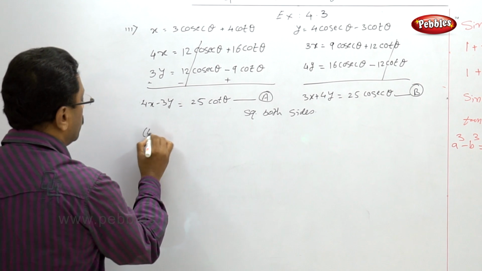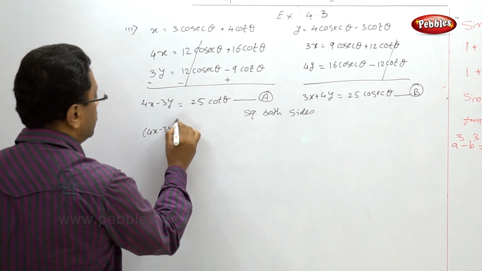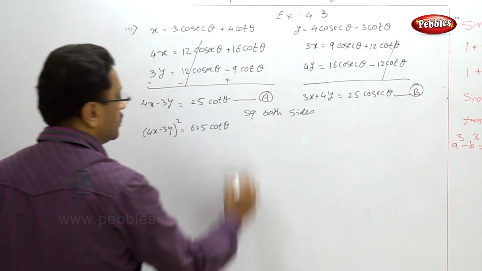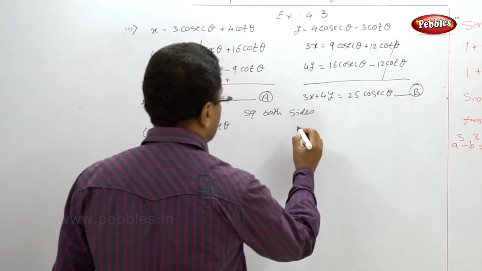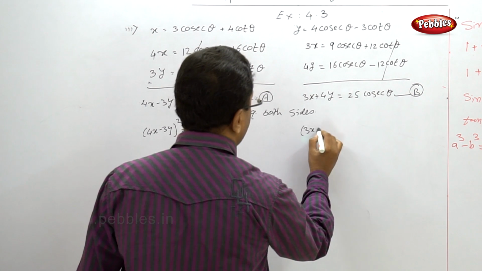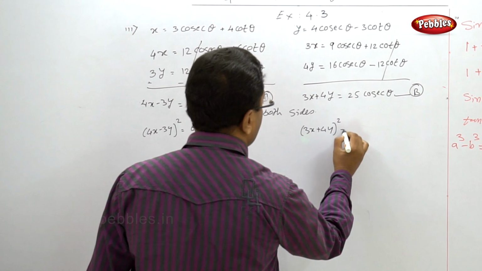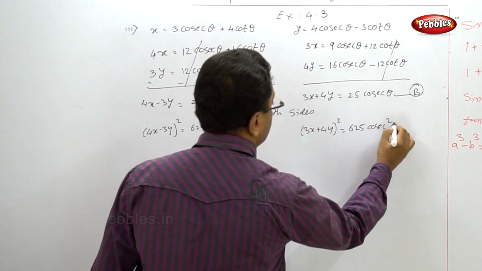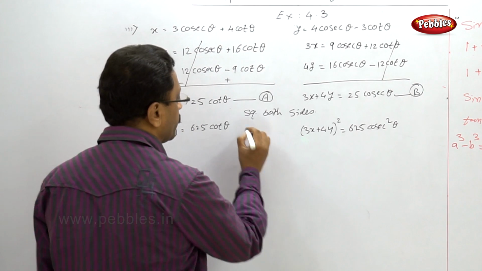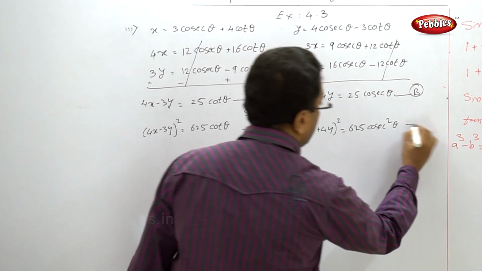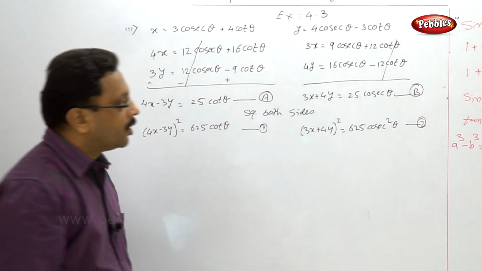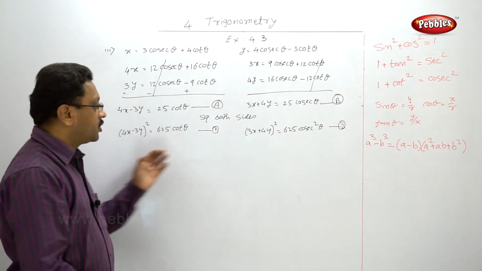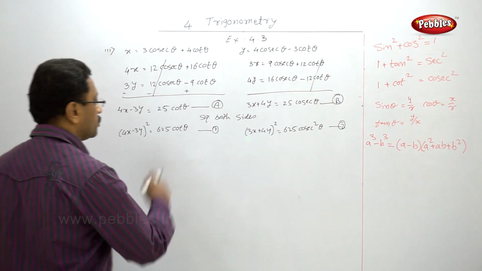So I'll get (4x minus 3y) square is equal to 625 cot square theta. And here I will get (3x plus 4y) square is equal to 625 cosec square theta. This is my equation 1 and equation 2. Now I want cosec square minus cot square, so I will subtract the first equation from the second equation.